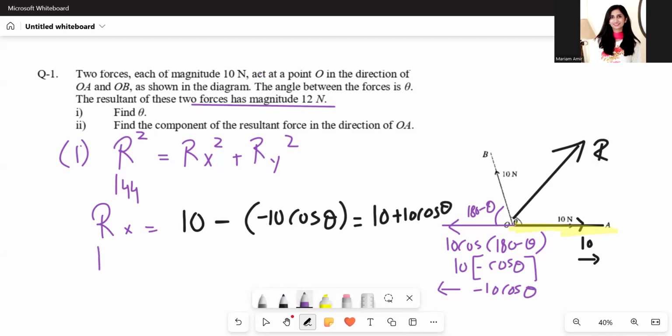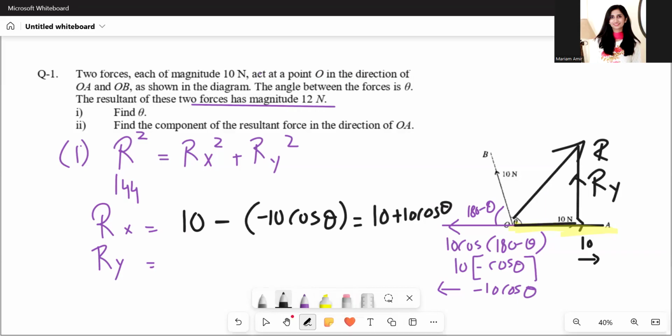For Ry, we're going to take the forward force in y direction minus the backward force in y direction. This is the y component of R and this is the x component of R. So Ry will be equal to this component minus the y component of the 10 Newton force.